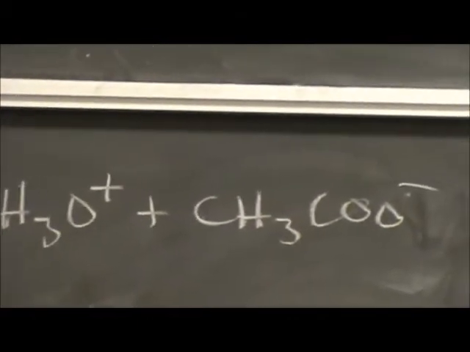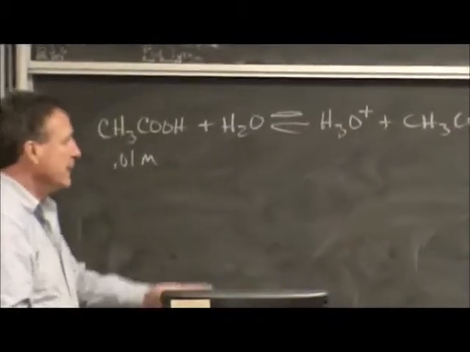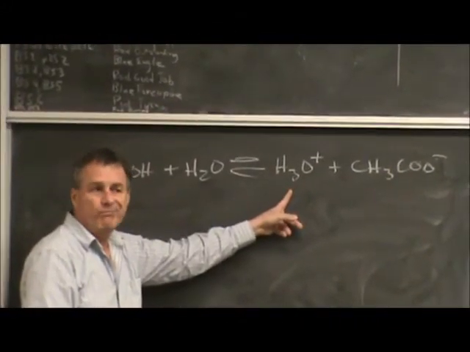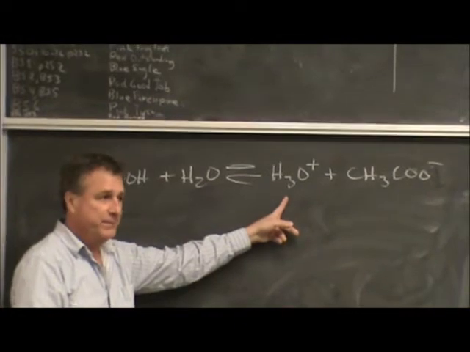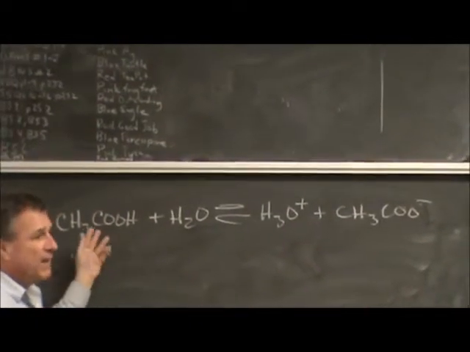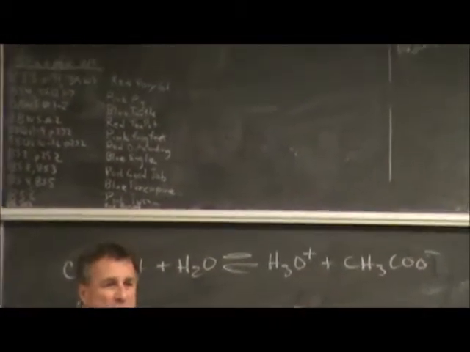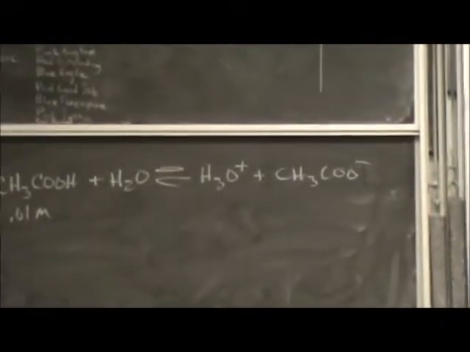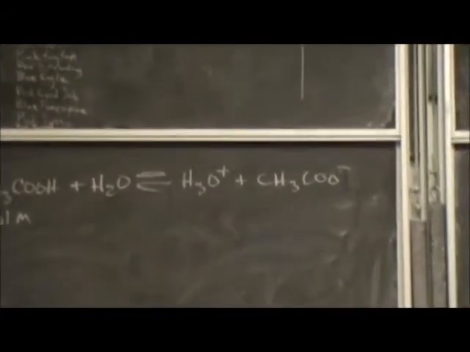If I make a 0.01 molar solution of acetic acid, does that mean the hydronium concentration is 0.01 molar? It's not. Because this is a weak acid, very few of these end up forming hydronium ions. So we're not going to be able to calculate the pH of a 0.01 molar solution of acetic acid yet.